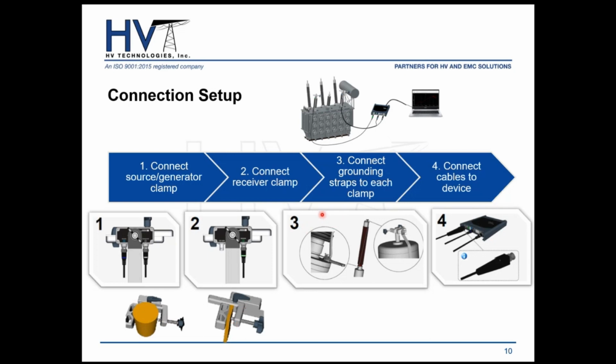Then the third step would be connecting your ground strap. The ground strap will run from the top of the bushing all the way down to a bolt at the bottom of the bushing of your transformer. In the next slide, we'll see how to properly connect the ground strap. And then finally, you just connect your USB cable to your computer and you're ready to go.